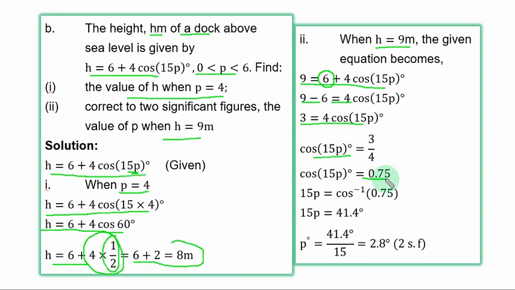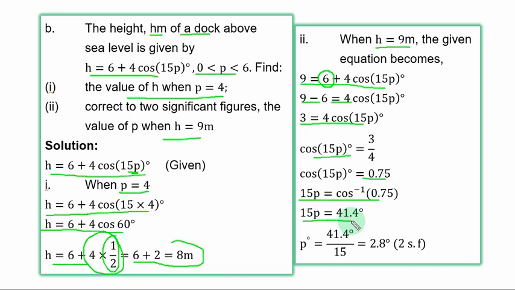For us to get 15p first, you take the inverse of cosine of both sides, and you have 15p equal to inverse of cosine of 0.75, and that gives 41.4 degrees. That means 15p is equal to 41.4 degrees.